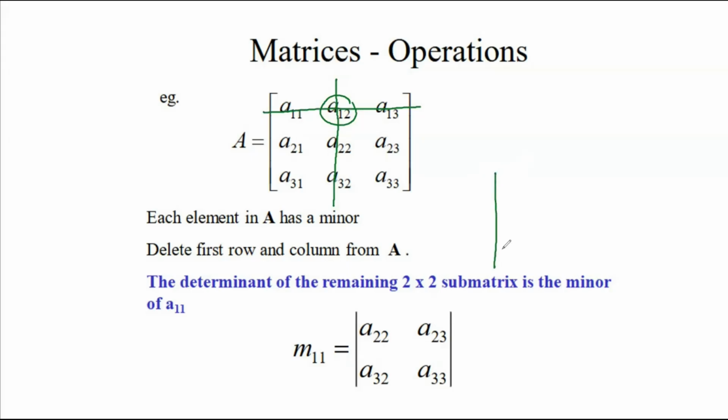And your minor will be the determinant of A21, A23, A31, A33. Right? And these will be numbers. So you just multiply this by this minus this by this. Right? That will be all.